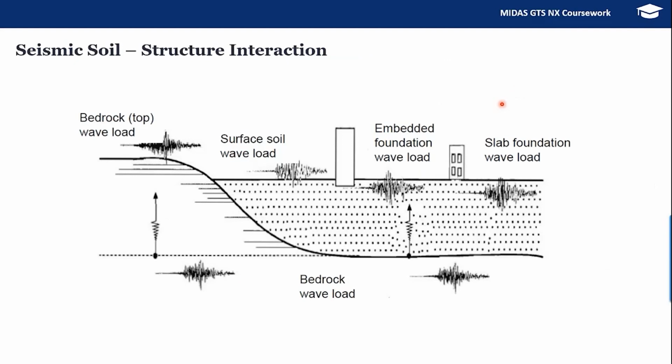Here we have a seismic soil structure interaction, which we are going to deal with in this slide. There is an incoming wave, and this is a bedrock, exposed to the atmosphere, and over this bedrock we have a soil layer, and on the soil layer we have a building. Now we have an incoming motion, and this motion propagates through the bedrock.